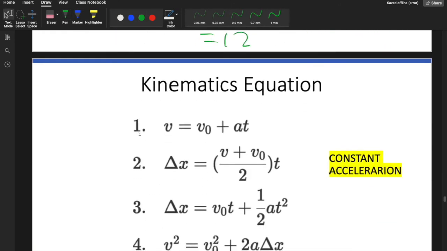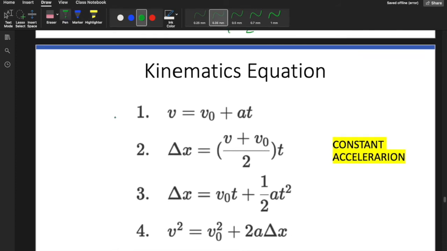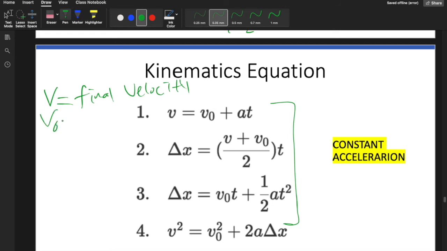Right. So now let's look at those equations. Let me just write this down. So v represents final velocity. We represent final velocity only in this picture. V0 represents initial velocity.